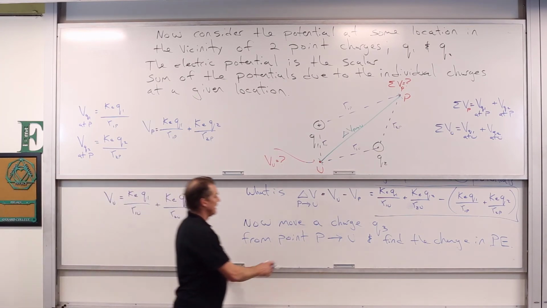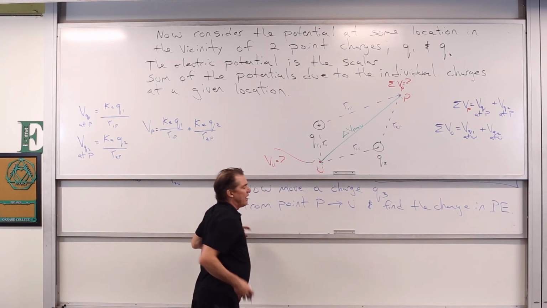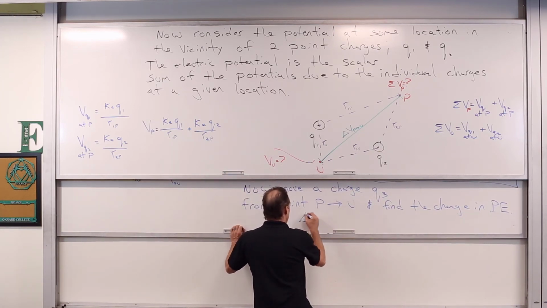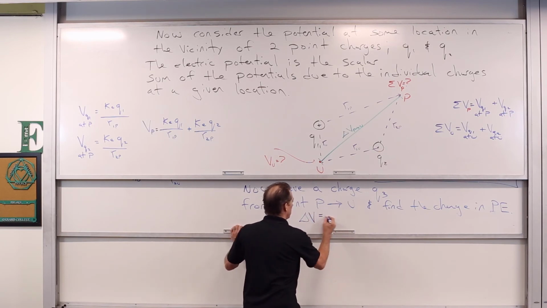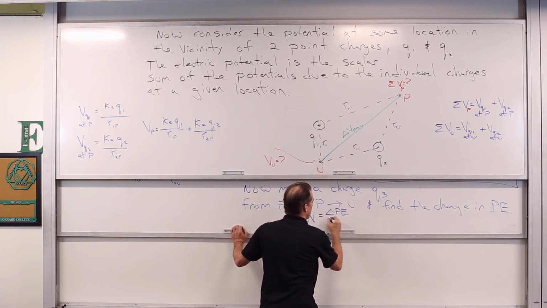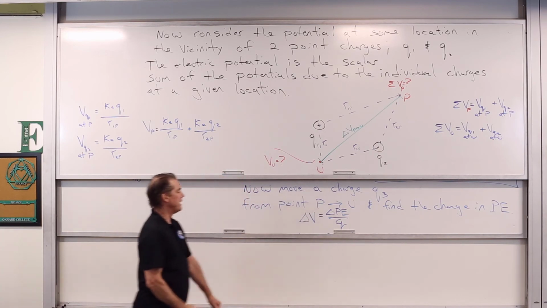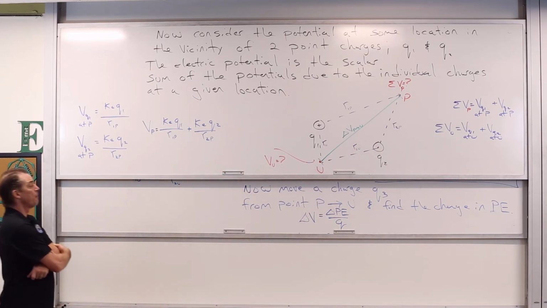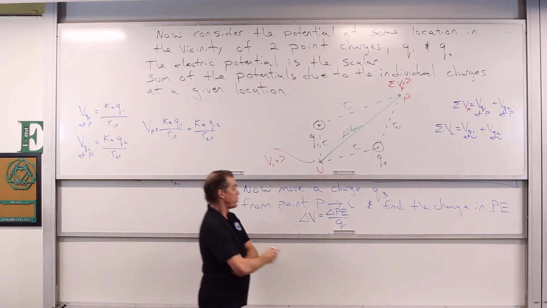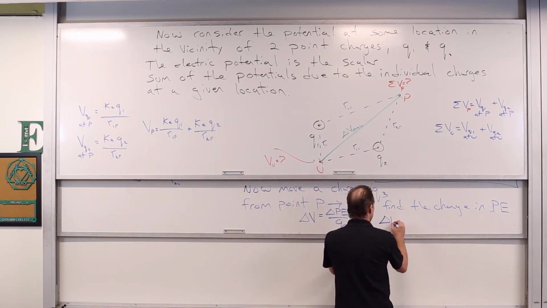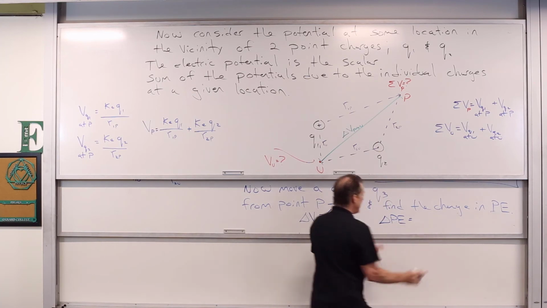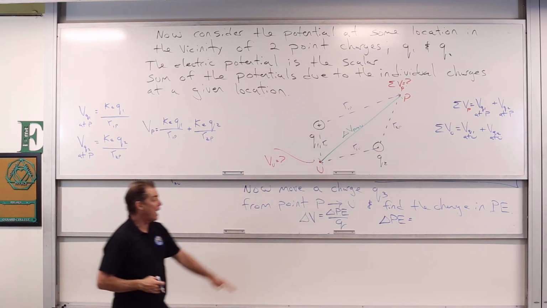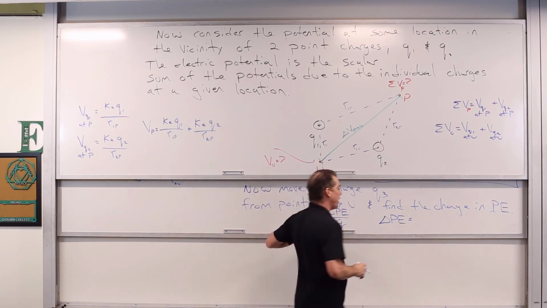So in the end, when we answer this, how are we going to find the change of potential energy? Well, we go back to the definition of potential difference being the change of potential energy per unit charge. So the change of potential energy is going to be equal to the charge that we're moving multiplied by the potential difference that we move it through.